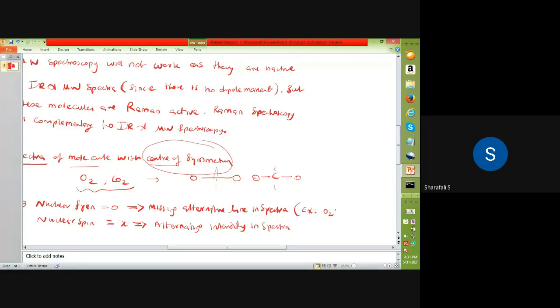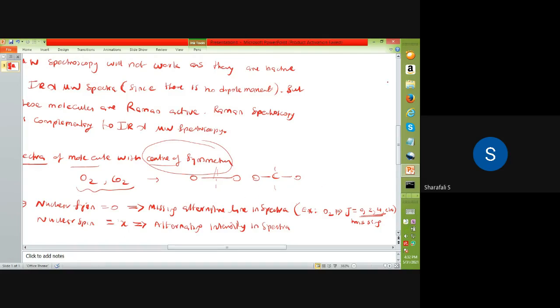So in the oxygen case, the even J values are missing, which means J equal to 0, 2, 4, etc. All these lines are missing. All other values will be present.